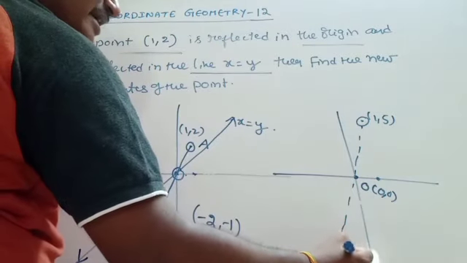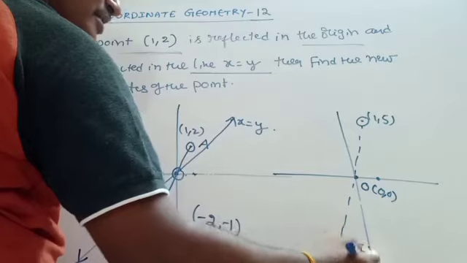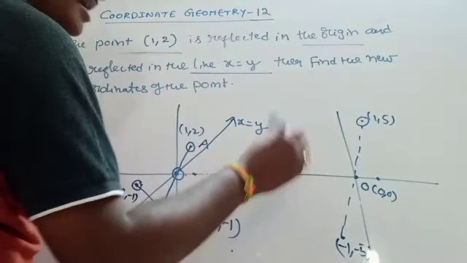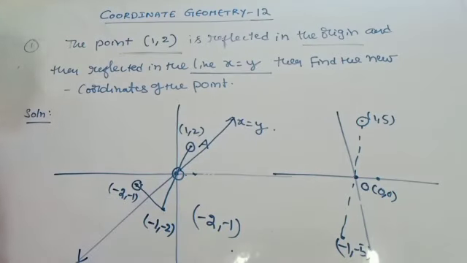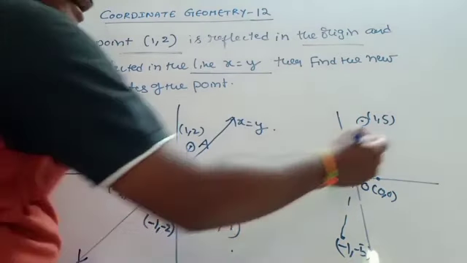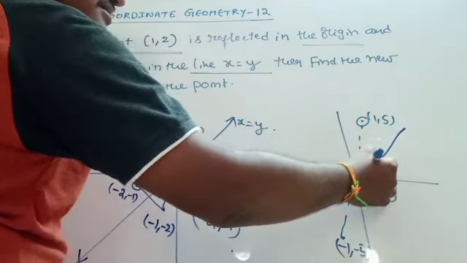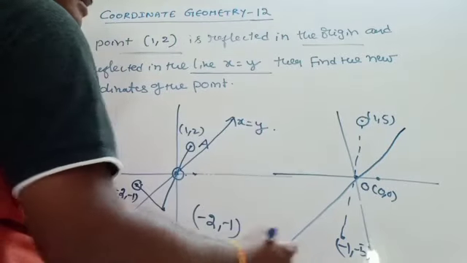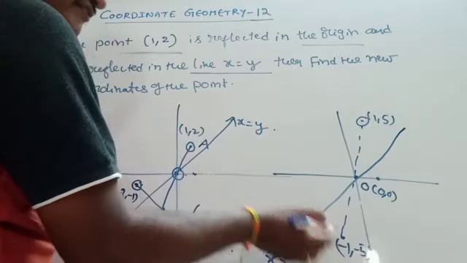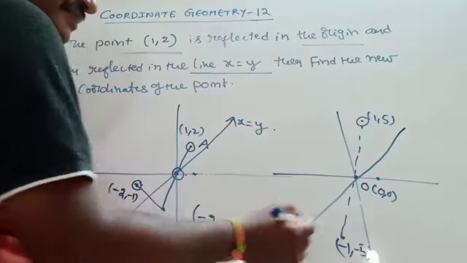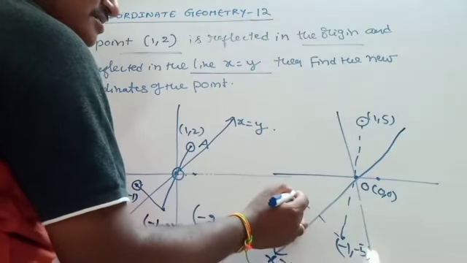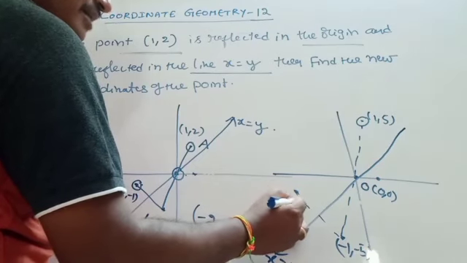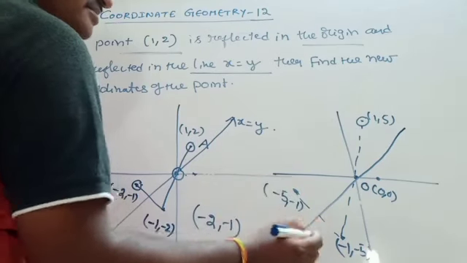This is nothing but (-1, -5), its image or reflection point when you consider along the origin. Now x equal to y is this line. If it is reflected once again, this acting as a mirror, then the point is going to be like this, nothing but (-5, -1), right?